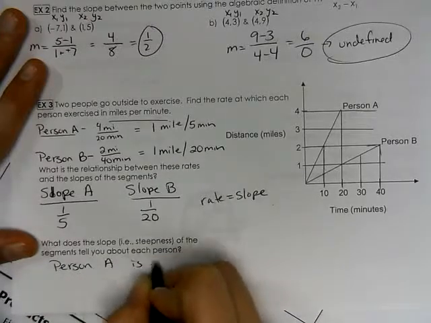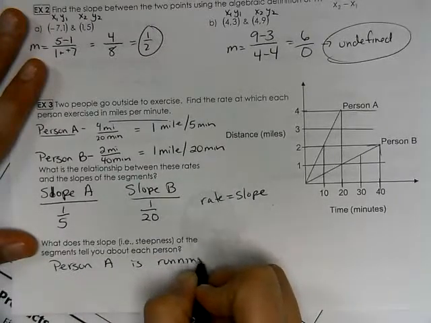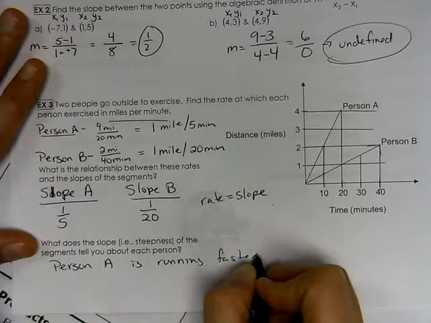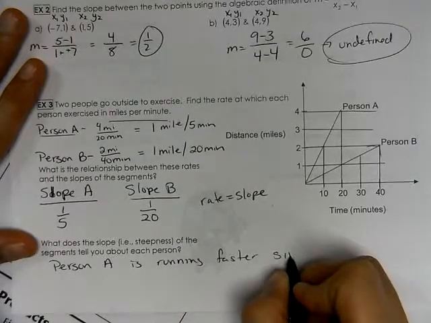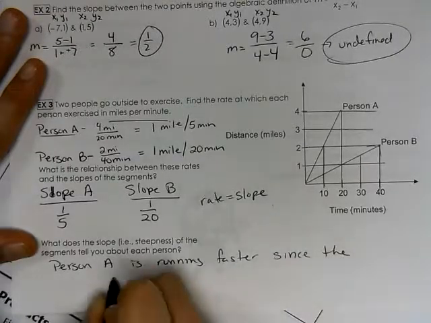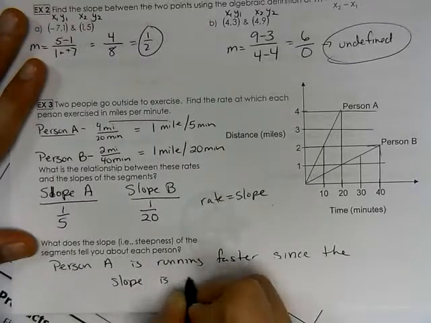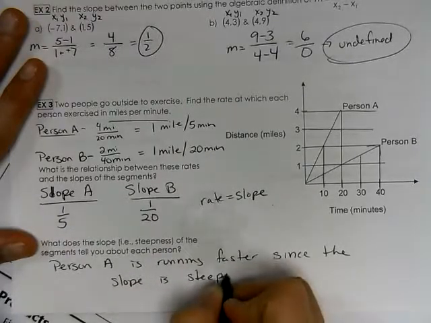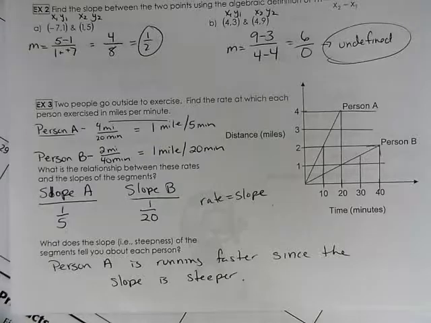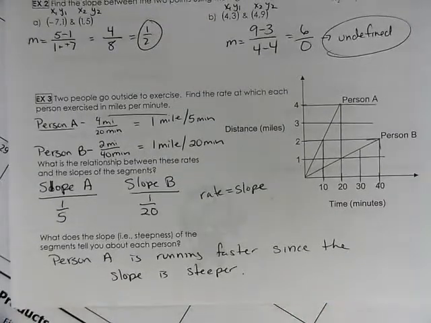Person A is running faster since the slope is steeper. Right, so the faster you're running, the steeper your slope. Person B is walking much more slowly.